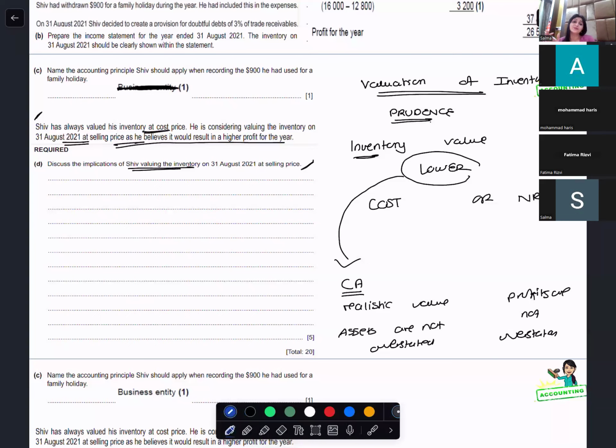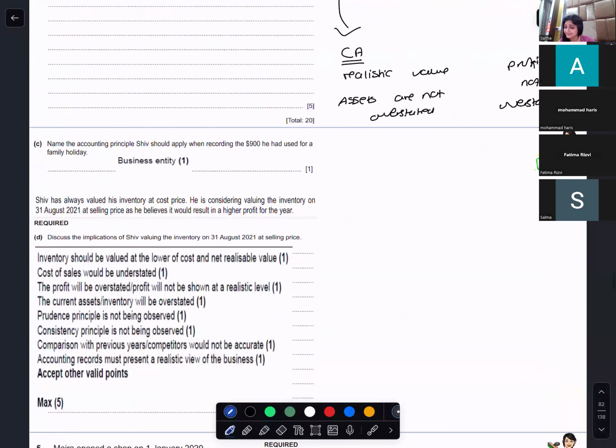Now he wants to value at selling price. Can he do this? Ideally, no. Why? Because he'll overstate his profits. If he does that, he will disregard the concept of prudence. Prudence principle will not be observed.